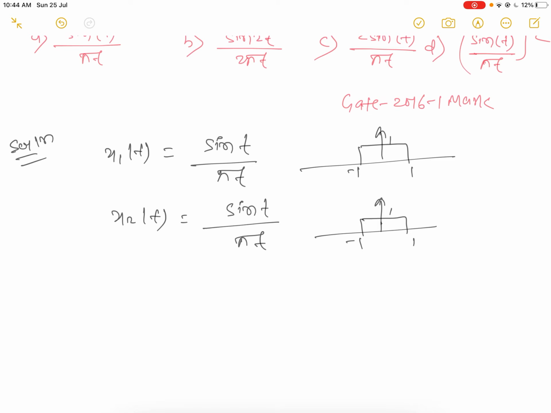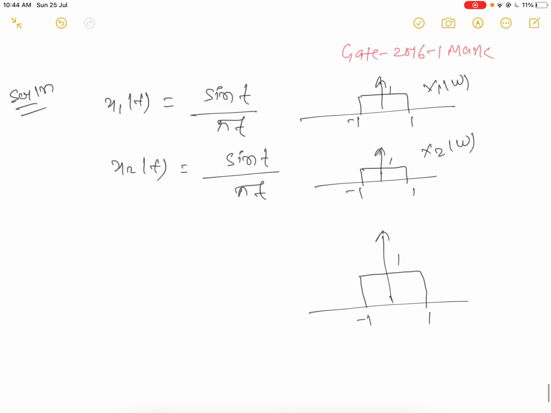So when you multiply, this one is X1(omega) and this one is X2(omega). When you multiply them, you will get the same thing, because it is defined over the same limits and the magnitude will always be 1, from -1 to 1.